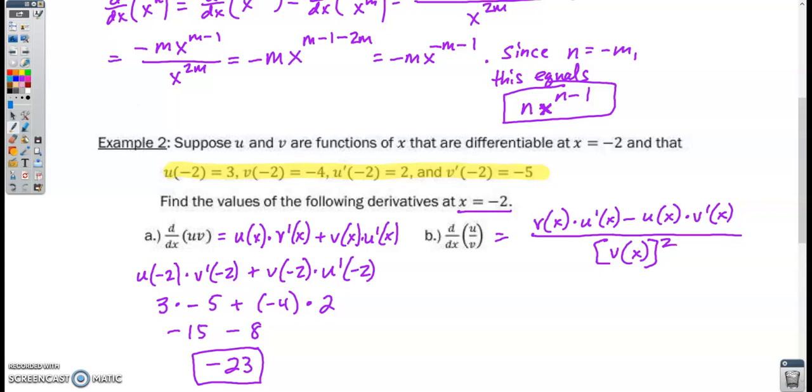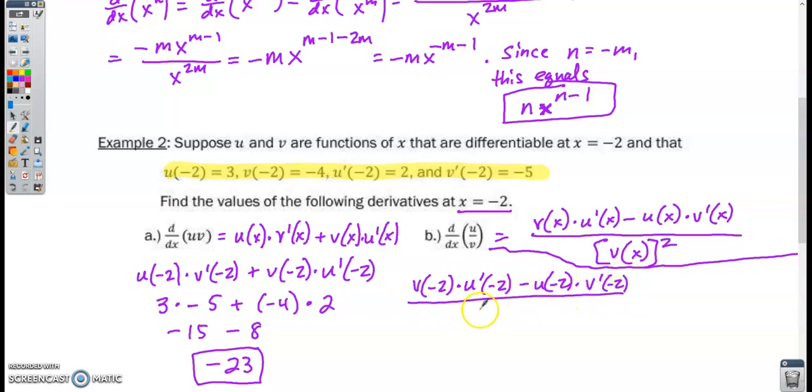Since we're doing that at negative 2, we want to substitute negative 2 into all of these. So we've got v of negative 2 times u prime of negative 2 minus u of negative 2 times v prime of negative 2, all over v of negative 2, quantity squared. Now we substitute in the numerical values.